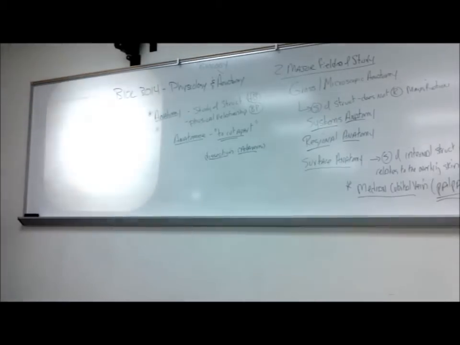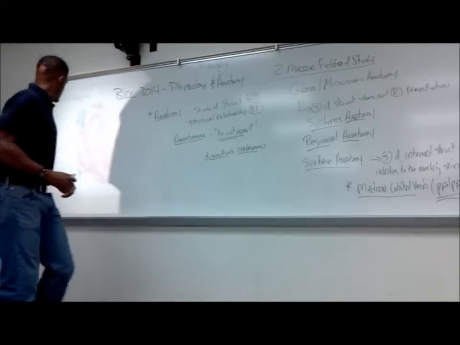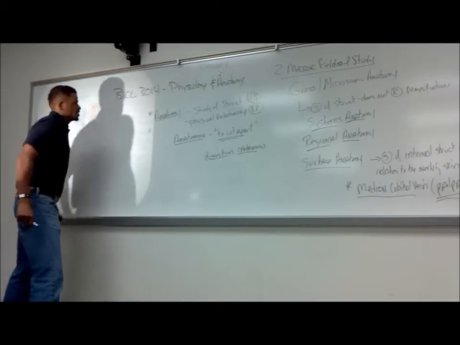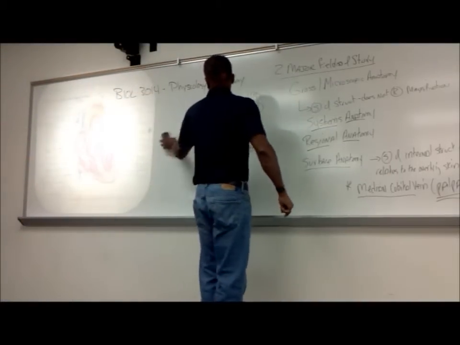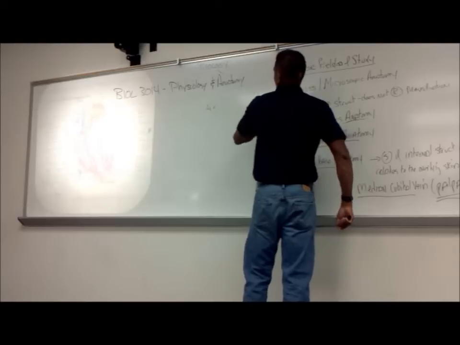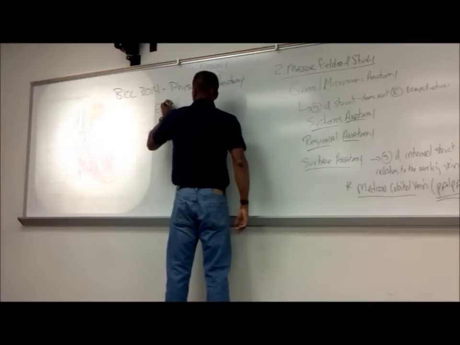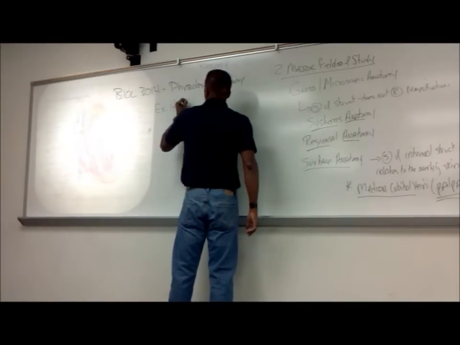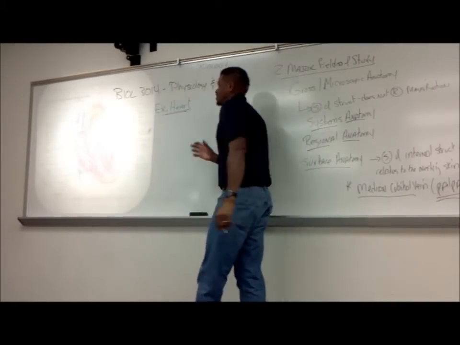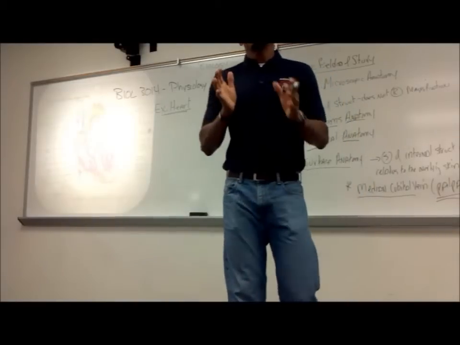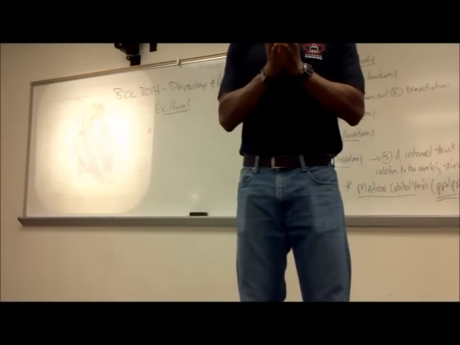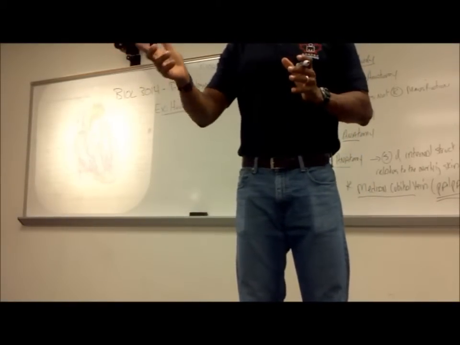This is the human heart. You think about the tissue profile of the heart. The heart is made of what type of tissue? Say again? Muscle. So it's made of cardiac muscle, the myocardium.